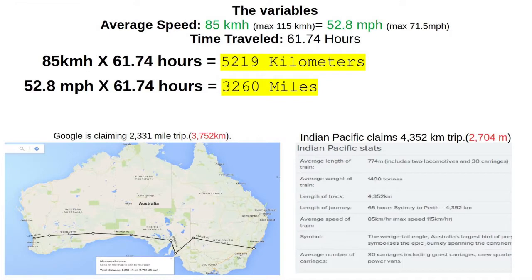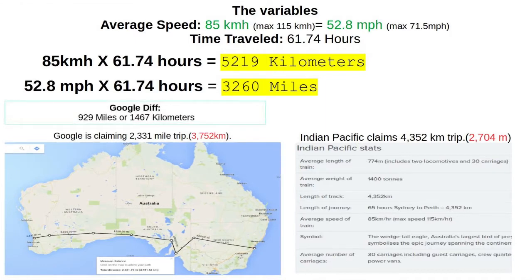So for Google, we have a difference of 929 miles, or 1,467 kilometers, between the calculation of speed versus time and what Google shows on their map. And for the Indian Pacific, it comes out to 556 miles difference, or 1,467 kilometers.